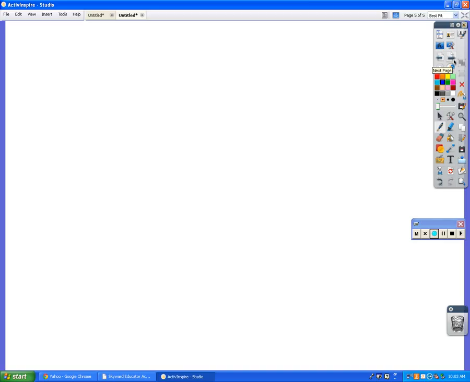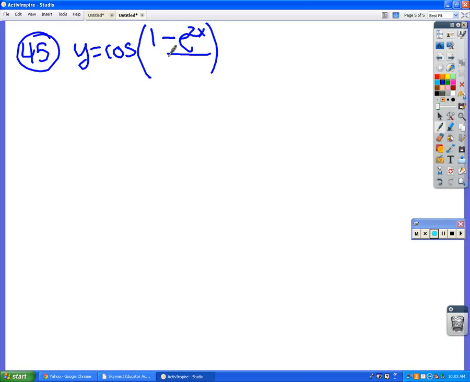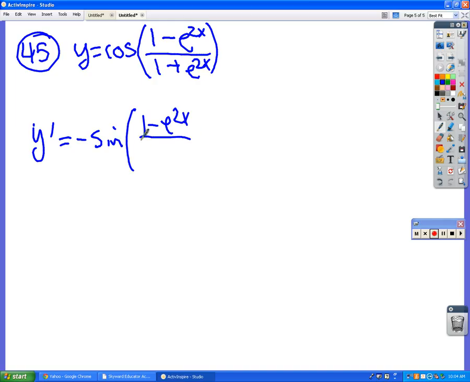Could it be? Then you just do the change. No big deal. Okay, so all the cosine does is when we take the first derivative, the derivative of cosine is negative sine, and the stuff inside the parentheses stays the same.